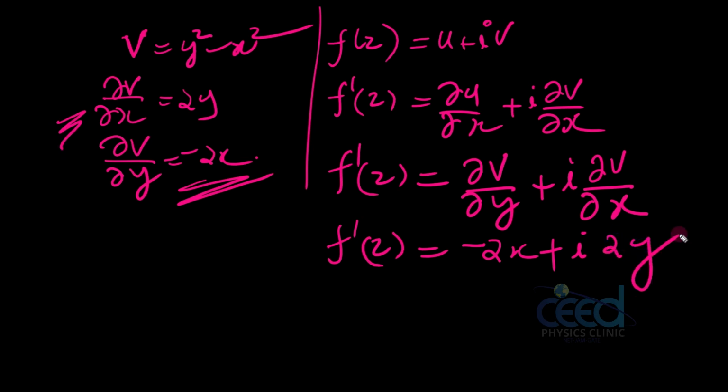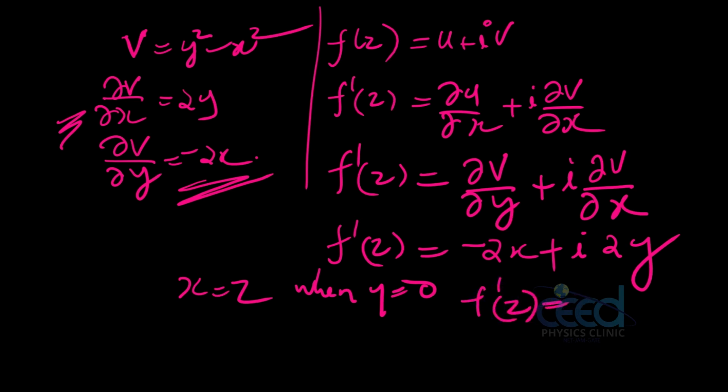Now I can give x is equal to z when y is equal to 0. So I can write f'(z), when I am giving x equal to z, as minus 2z, right?